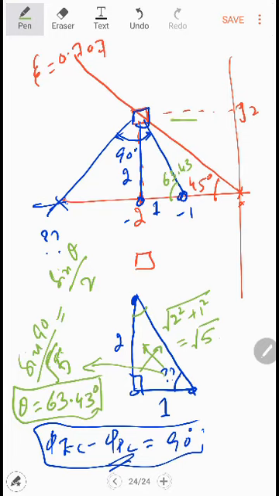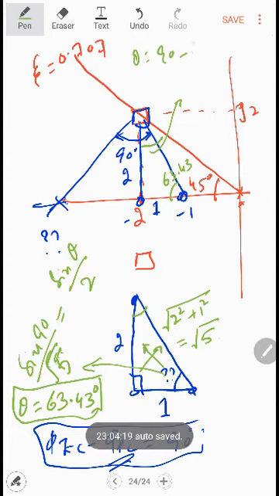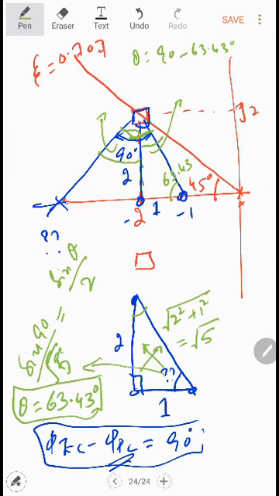So this angle, theta, will be equal to 90 minus 63.43 degrees. You see the total angle is 90 from here to here. So this angle will become equal to what? Let me change the color.